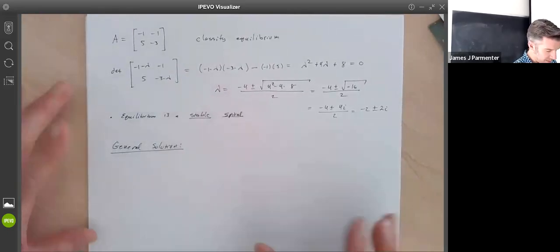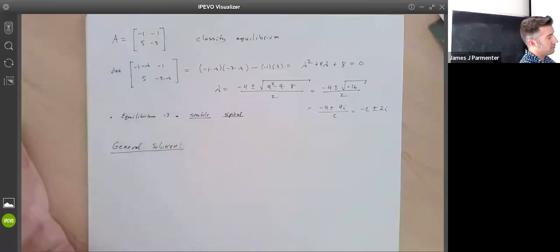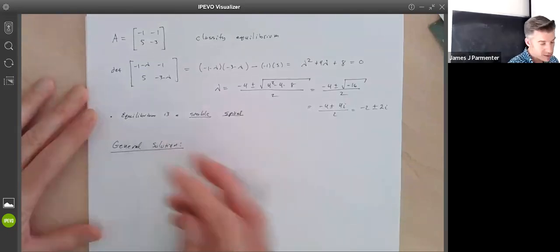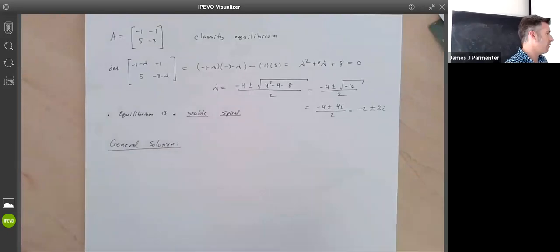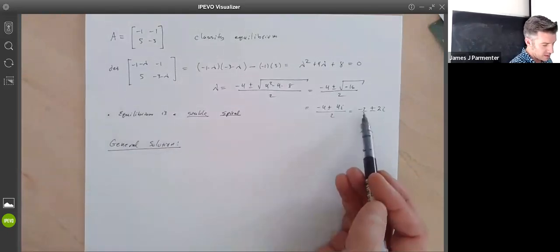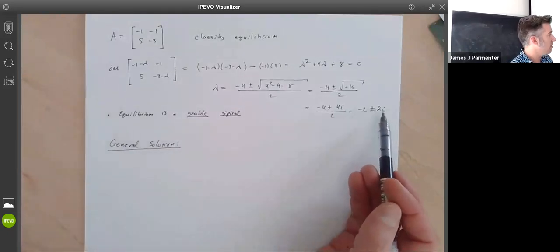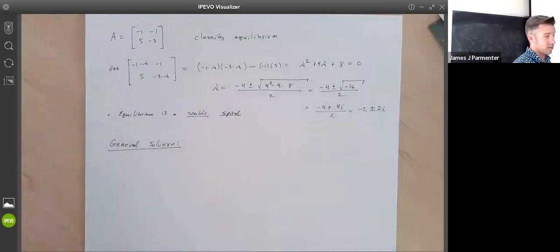Actually, I'm going to back up just one second. Let me do one more thing before we start finding the general solution. Let's find an eigenvector. Typically, we default to using the eigenvalue with a plus the imaginary part, because it's just a little easier and it doesn't actually matter which one you choose.